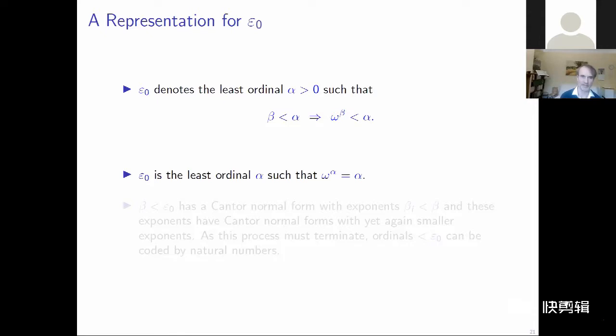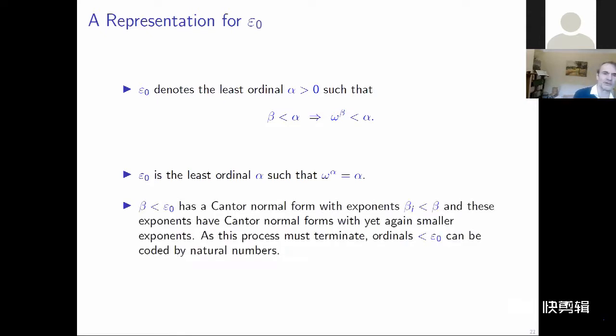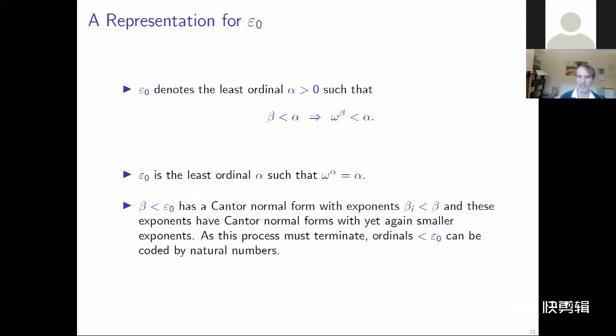Now it turns out that if you look at the ordinals beta less than epsilon 0, and if you write them in Cantor normal form, so you write beta as omega to the beta 0 plus ... plus omega to the beta n, then it turns out that these beta i's are less than beta.